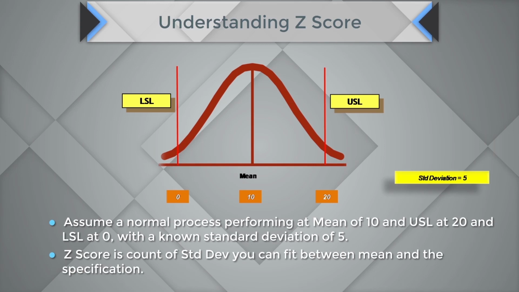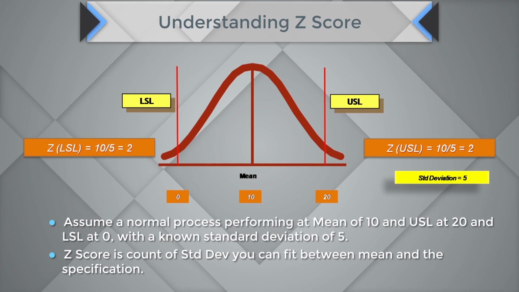Let me start from the Z on the upper side. USL is 20, mean is 10. So the distance between 20 and 10 is 10. How many 5s can I fit in the 10? 2 times. So my Z on my upper side shall be 2. Similarly, on my lower side, the distance between mean and the lower specification limit is again 10. How many 5s do I fit in 10? 2. So my Z on my upper side will be 2 and Z on my lower side will be 2.